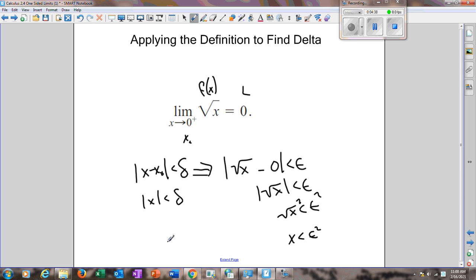Again, I can get rid of my absolute value signs, and that would give me x less than delta, and then negative delta, but we're coming from the right-hand side, so we don't need the negative delta anymore, because we can't subtract the delta. We have to add it to x naught. Now this is the same as this, so I know delta is equal to epsilon squared.